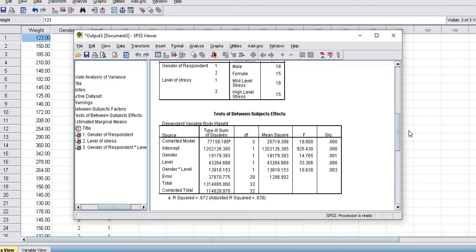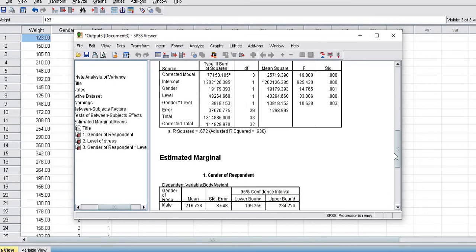And the factor level of stress also has a significant difference. And the interaction between gender and level is also significant. Now details of these significant effects are given.